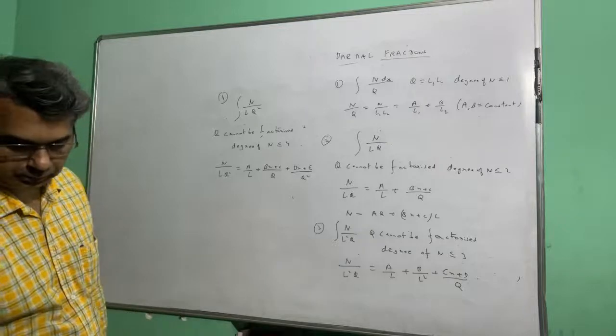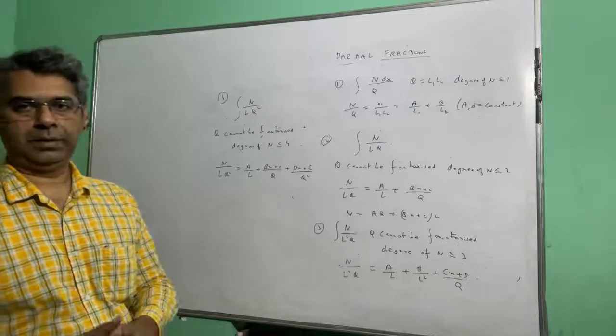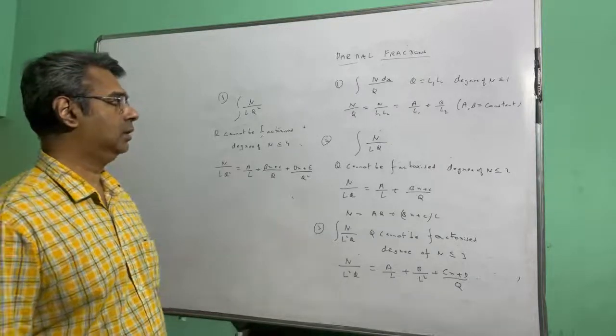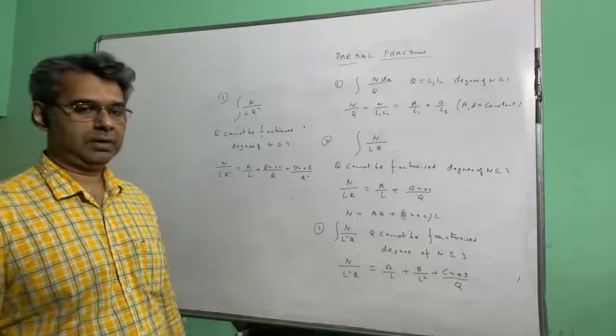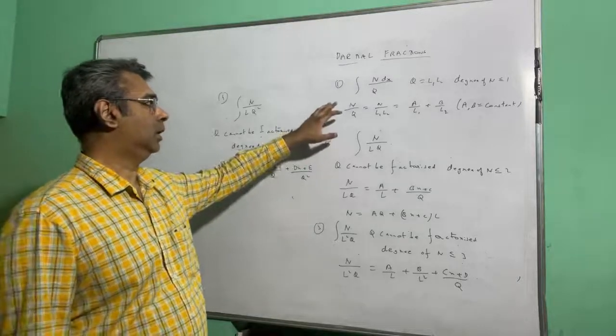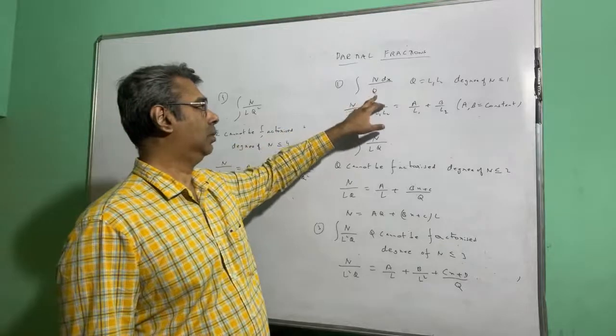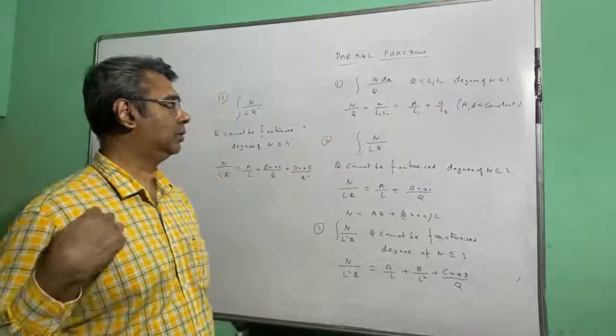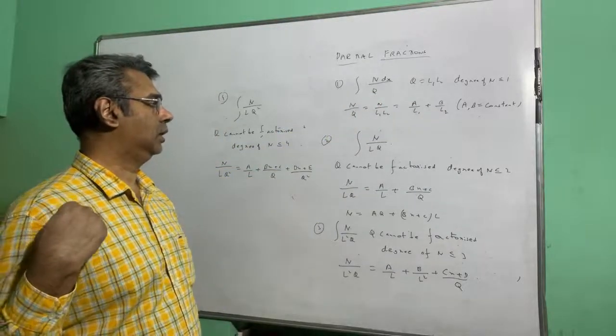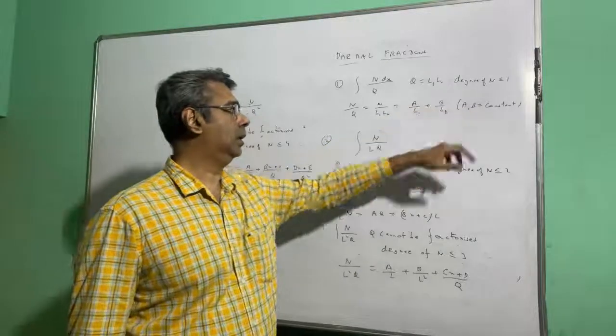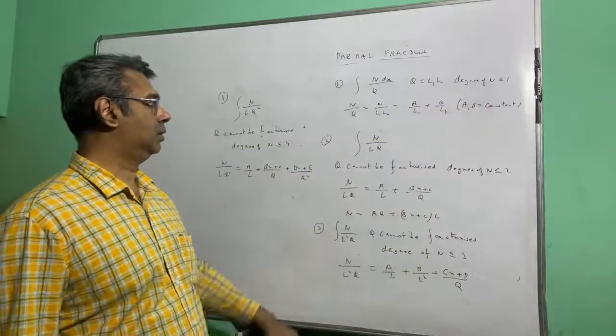Okay. So before I continue, I'll just quickly summarize the four types of partial fractions again. So number one, numerator by quadratic, where quadratic is product of two linear, L1 into L2, and the degree of the numerator is less than equal to 1.